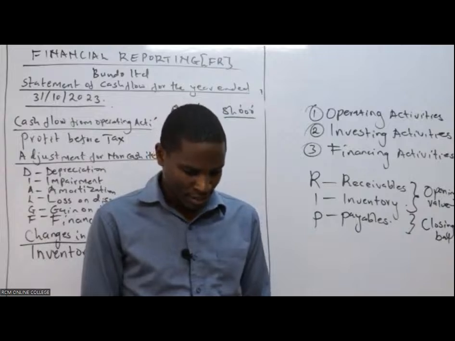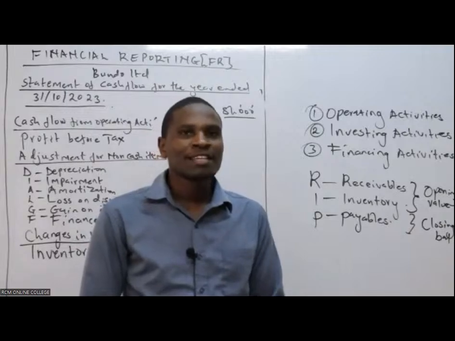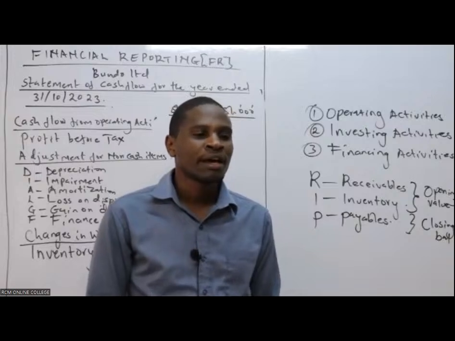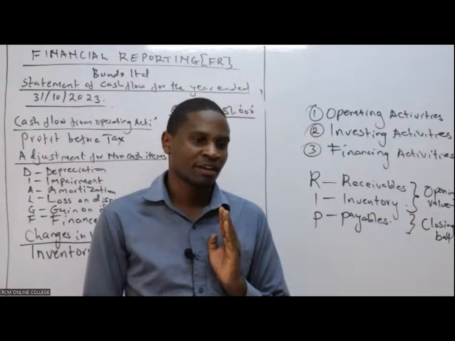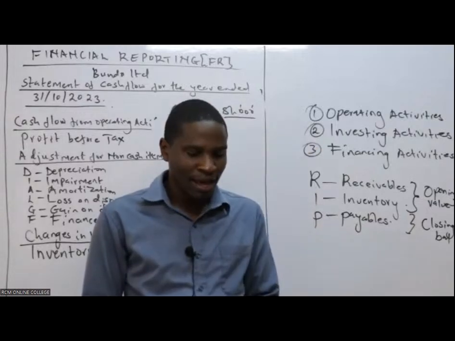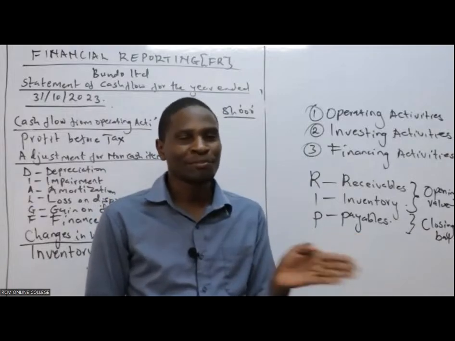Let me see. I have to look at it. Asante. Now, examiner is always wise. He knows that people don't look at the years above there, and people tend to assume that the first column is for the previous year.